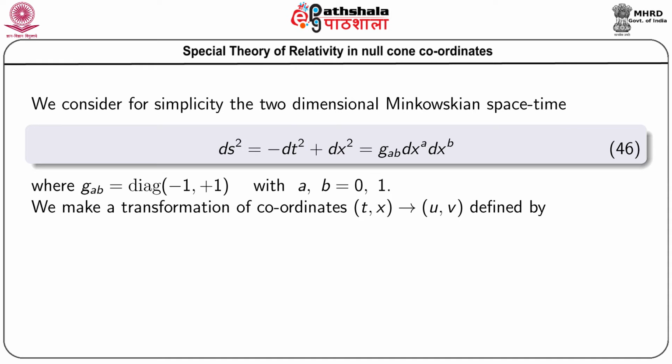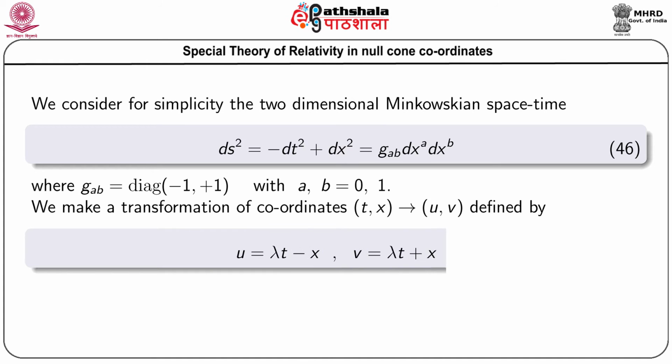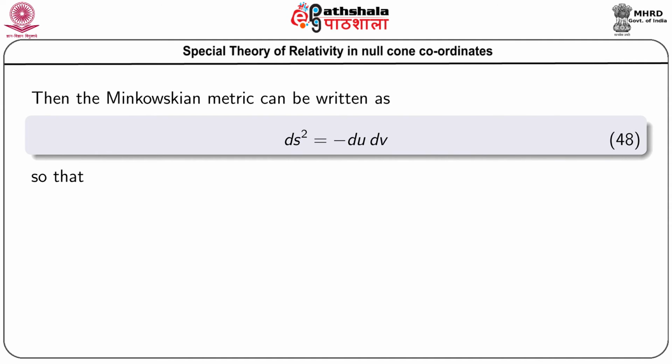Now, if we transform this t and x in terms of u and v by this relation, u equals λt minus x and v equals λt plus x, then the Minkowskian metric can be written as ds² equals -du dv.